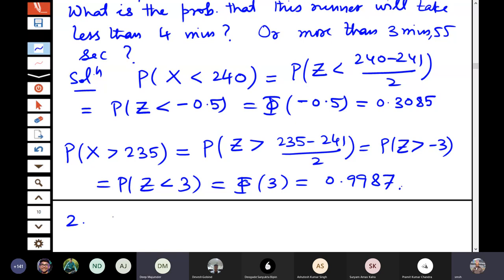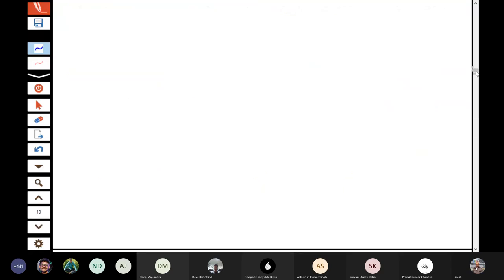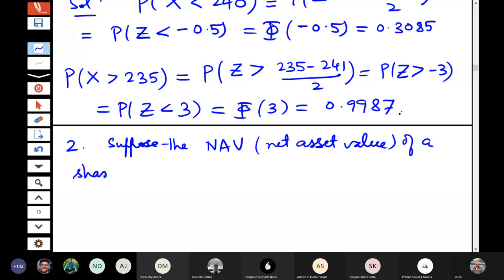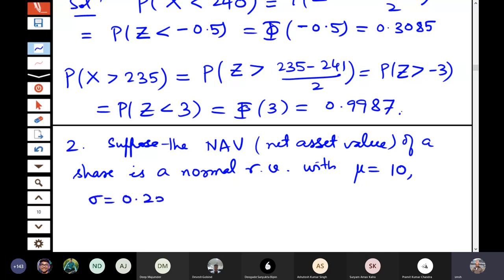Let us take up another problem. Suppose the NAV, which is actually net asset value, used in the stock market, of a share is a normal random variable with mean mu equal to 10 and sigma equal to 0.25.